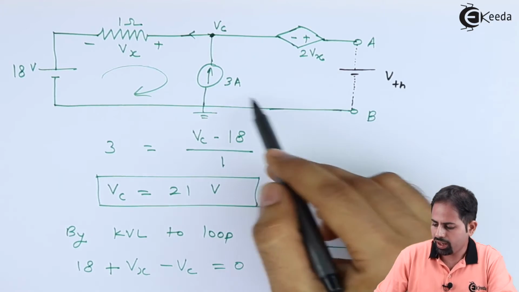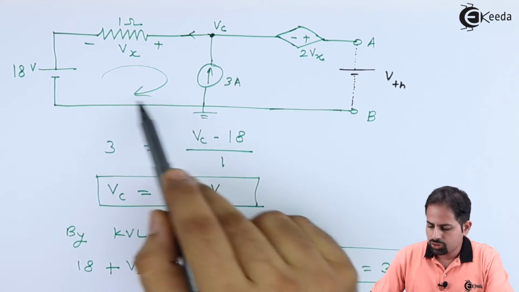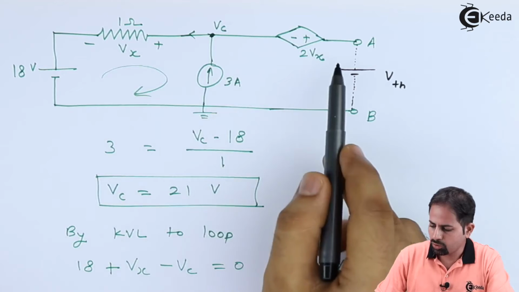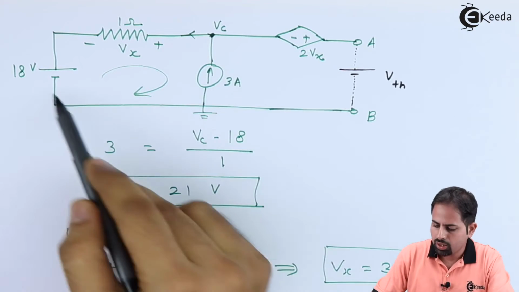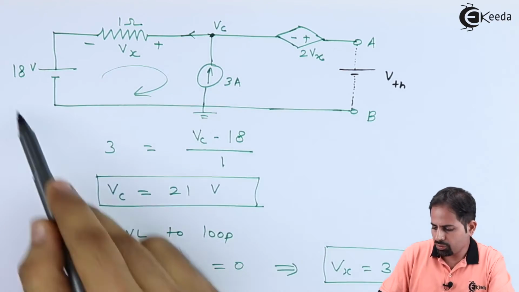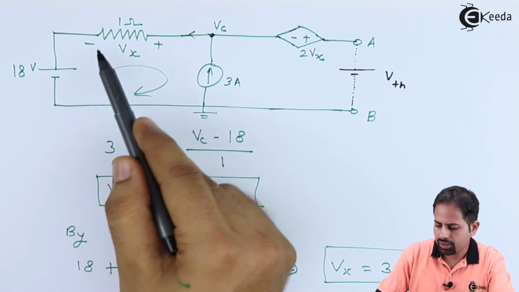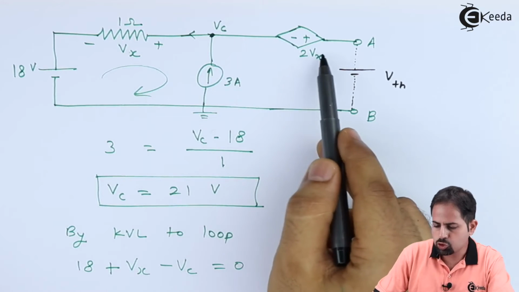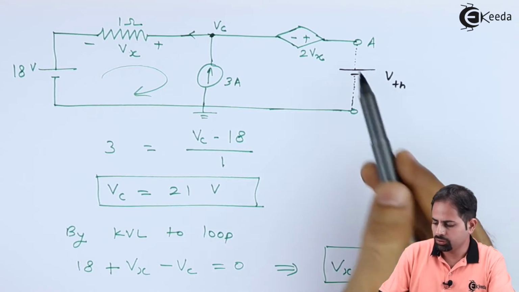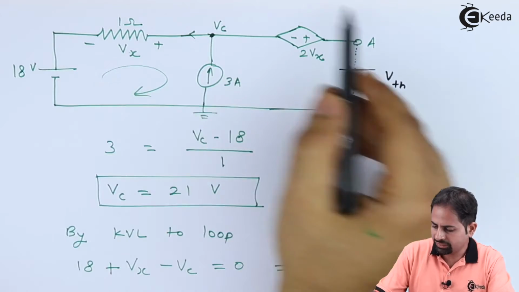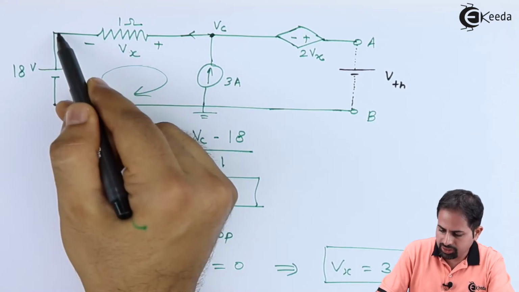Now we can again apply KVL here. Now if we apply KVL to this entire loop, because this is a condition of super mesh, what we'll get is 18 plus Vx plus 2Vx minus Vth equal to 0. So let's apply it. I am considering this entire loop, all these outer nodes.